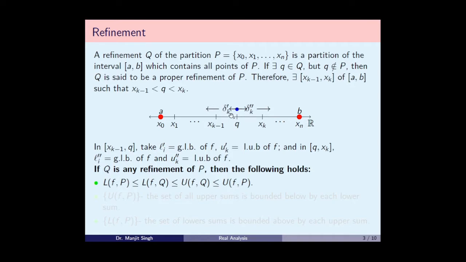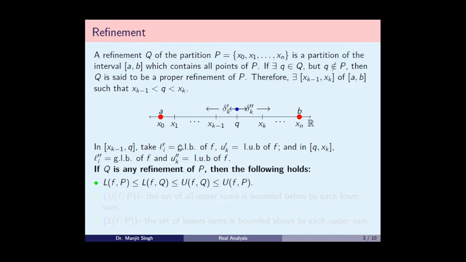One can see that delta k dash and delta k double dash will be less than the length of the interval xk minus 1 to xk, meaning delta k. Therefore, if we take more points in a refinement, then its norm will be reduced.